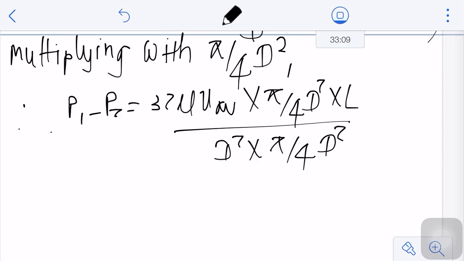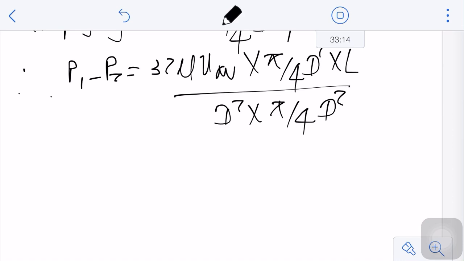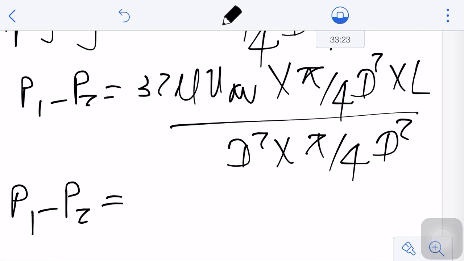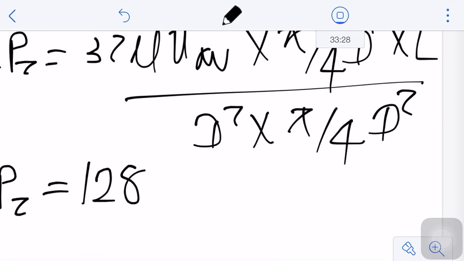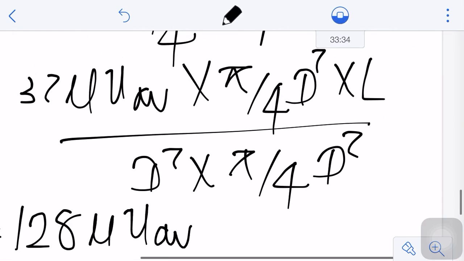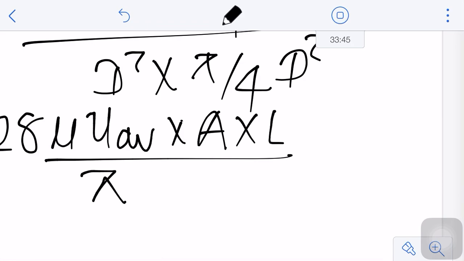In this particular case, let me write it this way: P1 minus P2 is equals to, this 4 will come into the numerator, so it will be multiplied with 32, so it will be equals to 128 into mu into U average. This numerator pi by 4 d square, we can write as the area of the pipe into the length of the pipe divided by pi into d raised to 4 in the denominator.